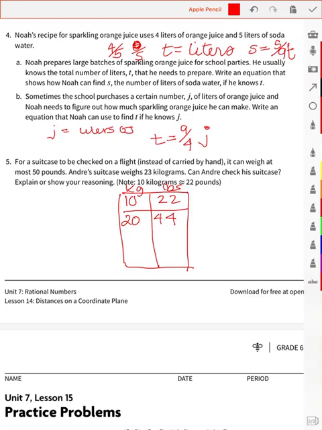And then if we divide it by 10, it would be 1 and 2.2. And if we do 3 and 6.6, and then 23 and 50.6.